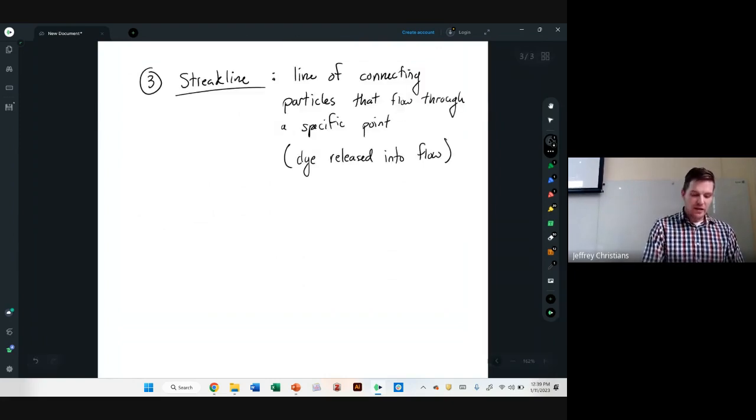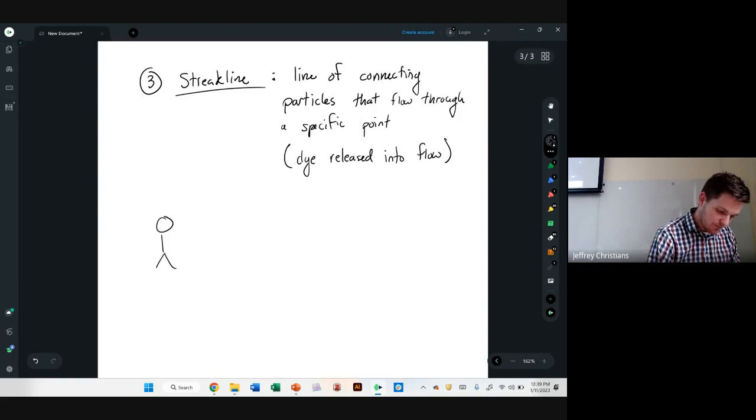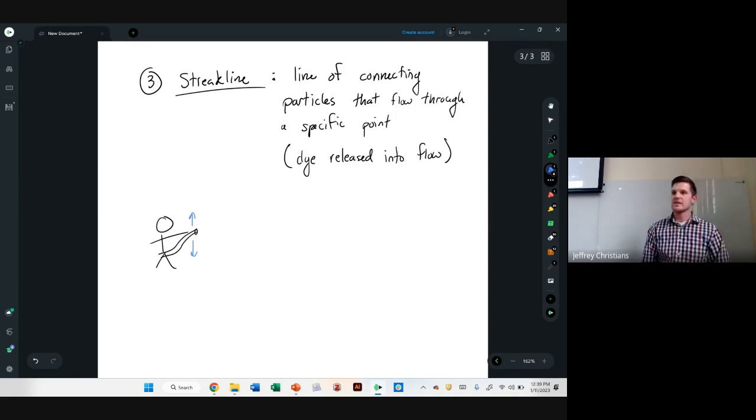If you imagine, okay, how are these things different? Imagine you're a person, and this is a great drawing, holding a garden hose. You're shaking this garden hose up and down. What's going to happen to the water as it comes out of the garden hose?